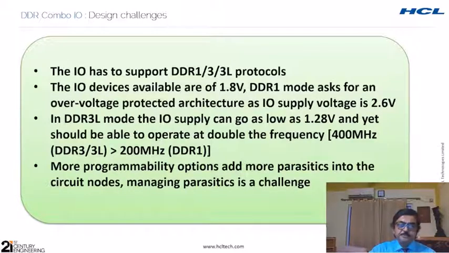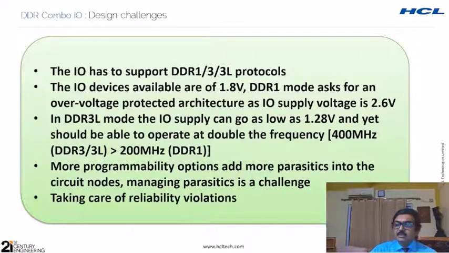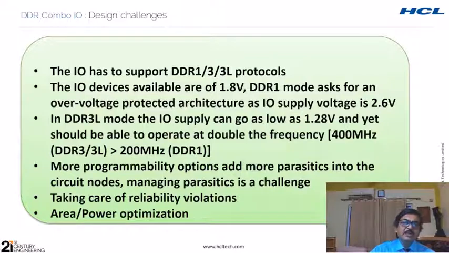More programmability options add more parasitics, which becomes a difficult challenge to overcome. Reliability also has to be taken care of, and as usual, there is the demand for the lowest possible area and power.